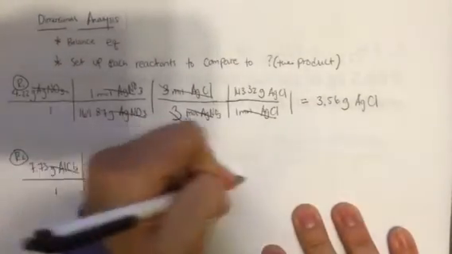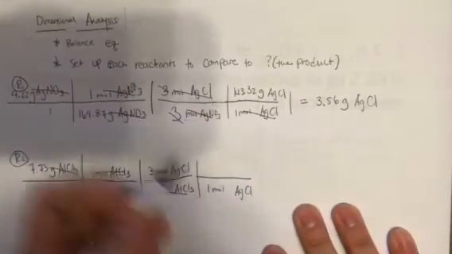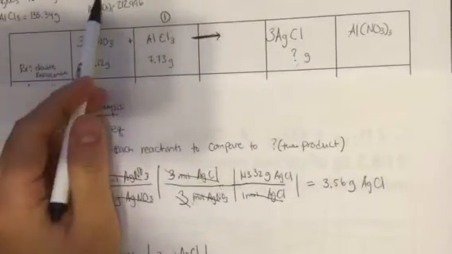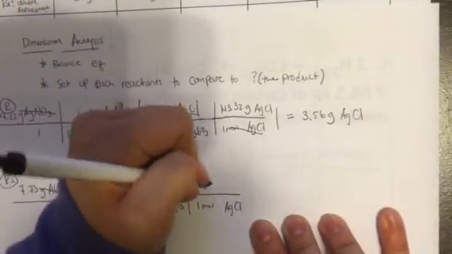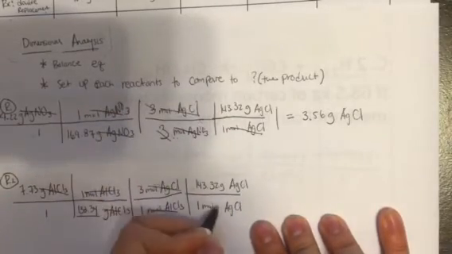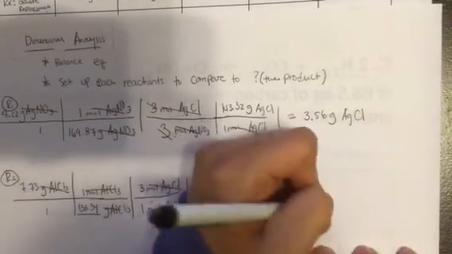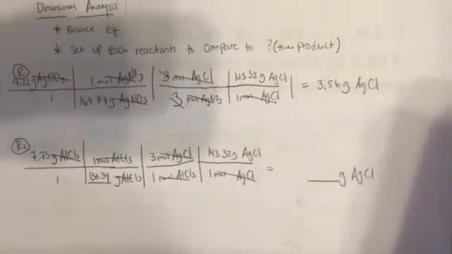Then I say, for every 1 mole of silver chloride, its mass is 143.32 grams of silver chloride. We did that before. So the only thing that's left is grams of silver chloride. So let's calculate that out.